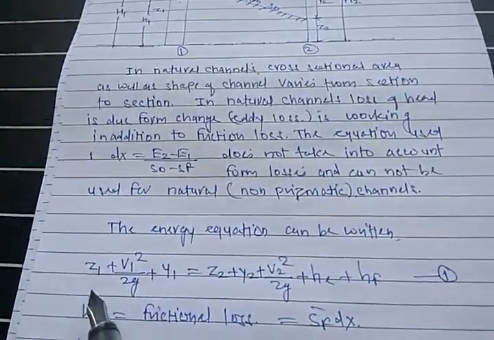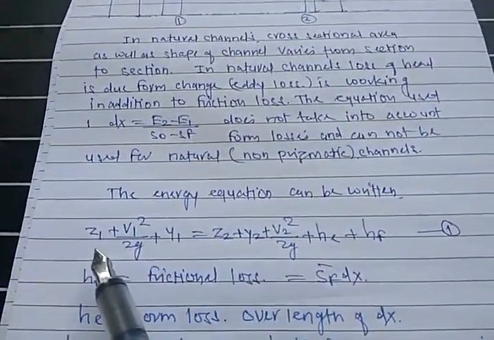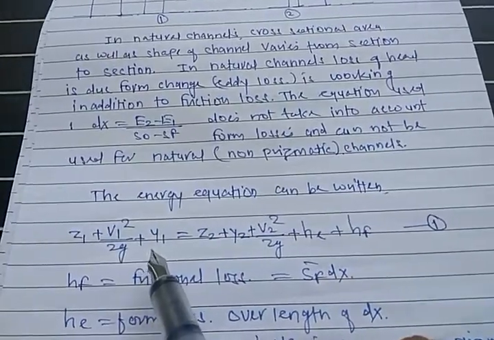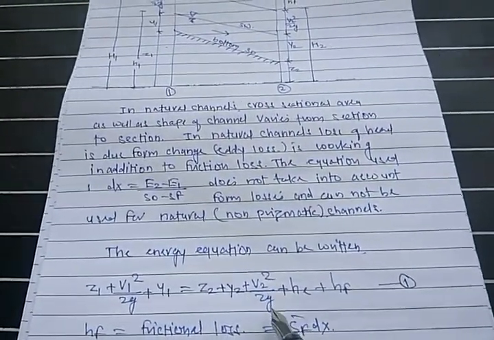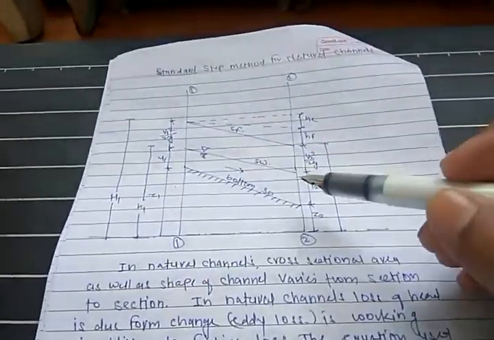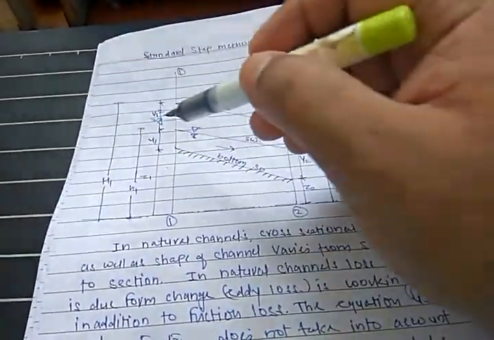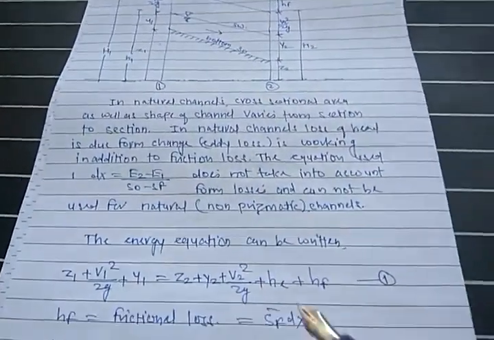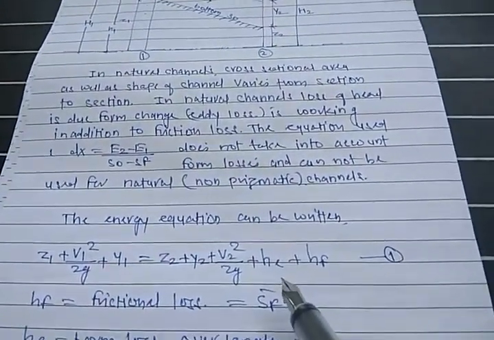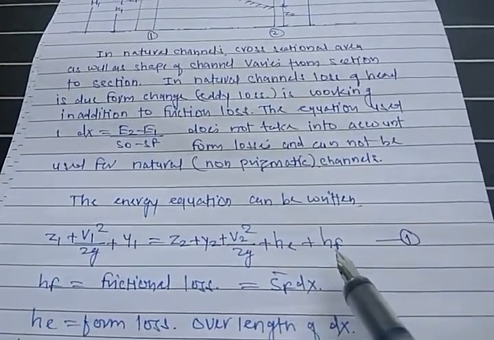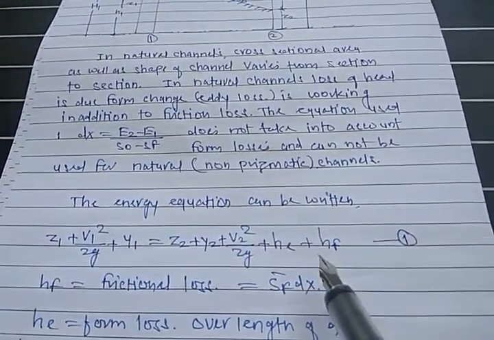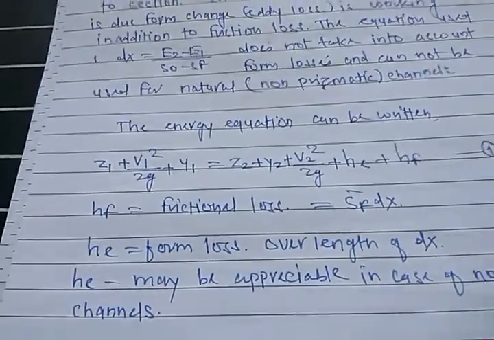So the energy equation used: Bernoulli's theorem, z1 plus y1 plus v1 square by 2g is equal to z2 plus y2 plus v2 square by 2g. Obviously on the section 2 side, the flow is coming from section 1 to section 2, so we have added HE plus HF, head loss due to eddies plus head loss due to friction. This is the total head loss between section 1 and 2.